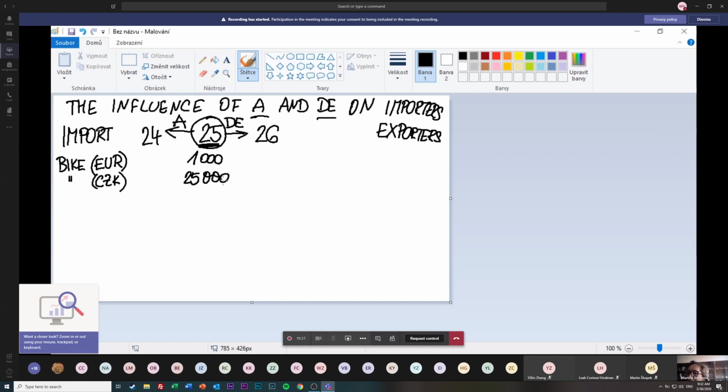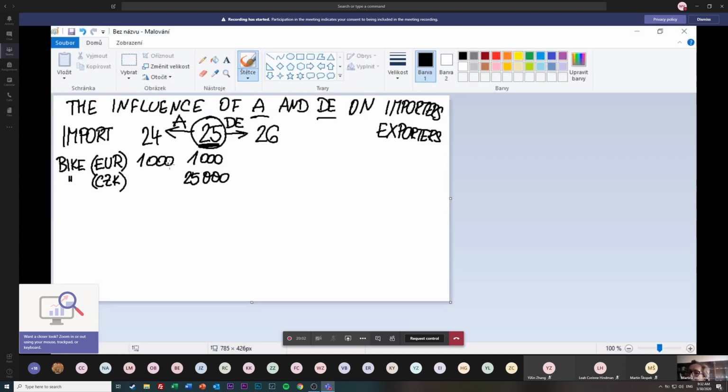Now I buy the same bike. This is the same bike, the same price. The only change is the change in the nominal exchange rate. The Czech crown has appreciated, right?